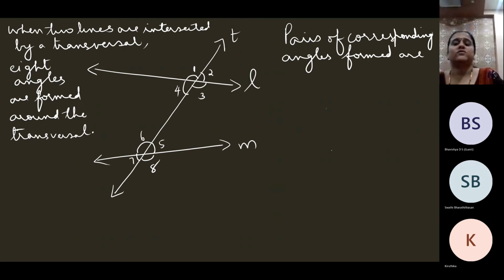So for alternate, we have alternate interior angles, alternate exterior angles. Corresponding angles are just corresponding angles. So corresponding angles lie on the same side of the transversal. Alternate angles lie on either side of the transversal. One will be an interior angle, the other will be an exterior angle, but they should not form a linear pair.